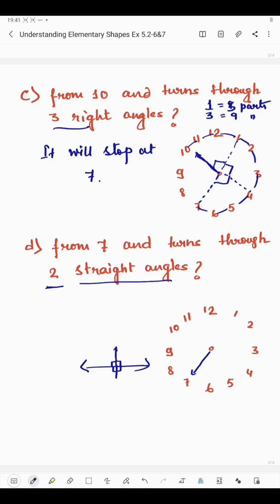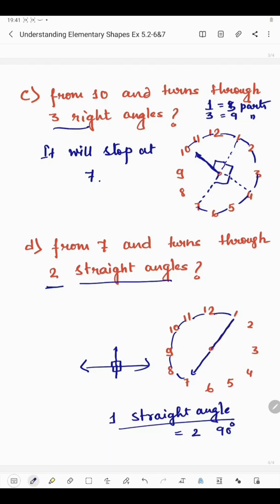So if you have to make one straight angle, it means 180 degrees, or we can say 2 right angles of 90 degrees make one straight angle. So 1, 2, 3, 1, 2, 3.